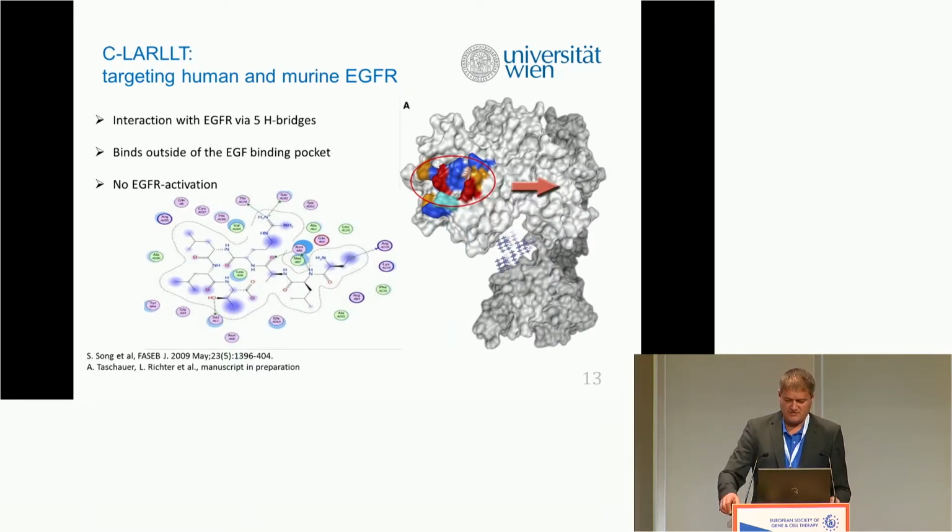So what we and others did, we designed and synthesized EGF receptor binding peptides that ideally do not interact like EGF with EGFR, but bind at another part of the receptor.